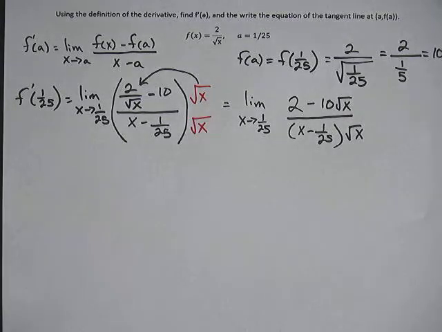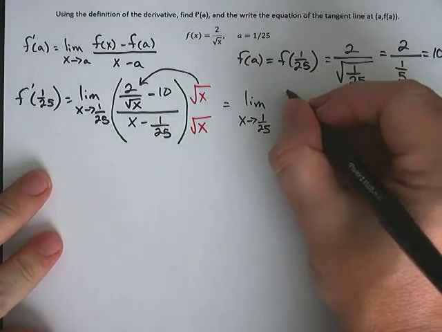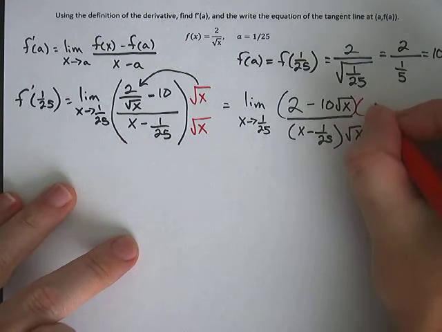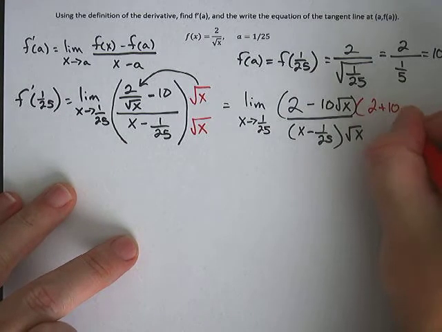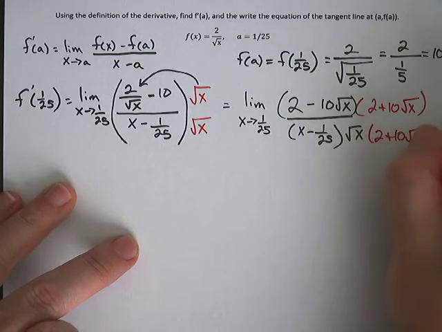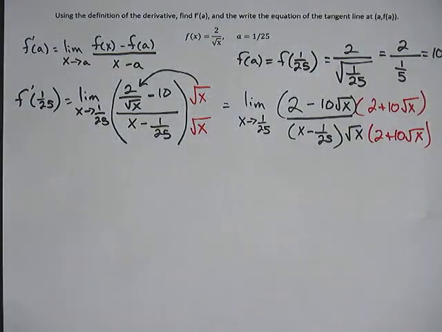The reciprocal is the same terms except opposite sign. So we multiply this on top and bottom by 2 plus 10 square root of x. Again, in the denominator I'm not going to multiply that through yet. I want to see what happens later in the problem, and I might do it.